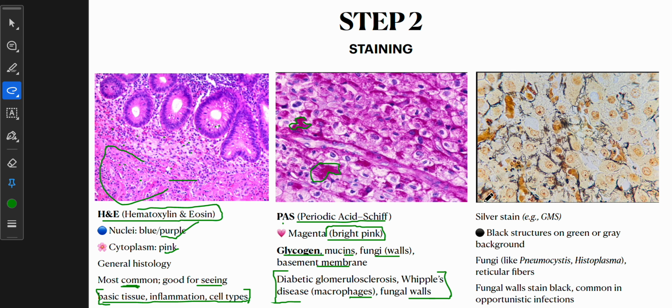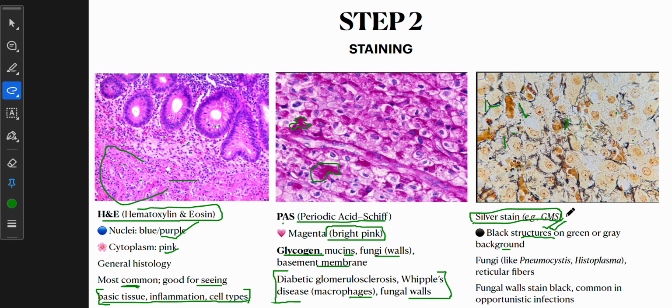The another stain here is silver stain, and silver stain has different examples of it, one of them is GMS. In silver stain, you can see black structures on a green or gray background. You can see here, these are black structures, right? These strands are very black structures, and there is a brown or gray, greenish brown kind of background here, right?